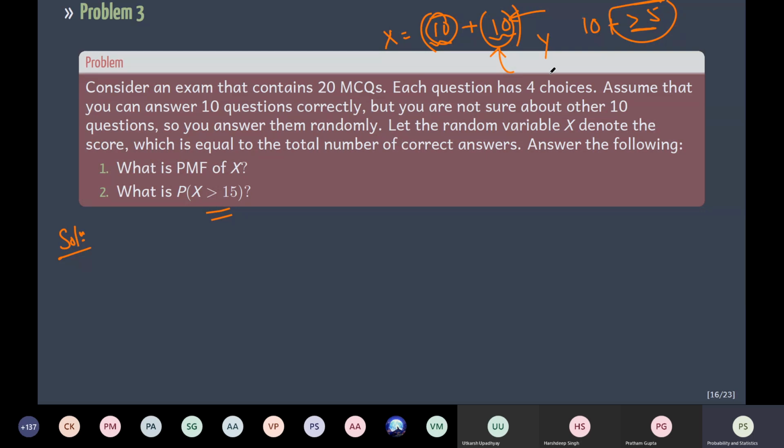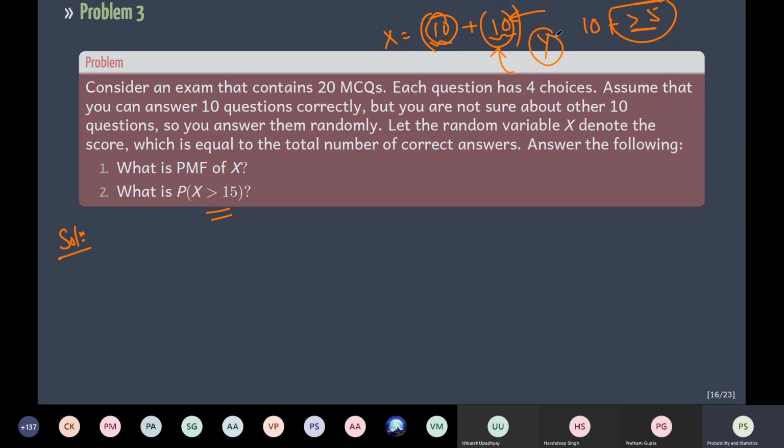For Y, I'm expecting that it may behave like some random variable that I may be familiar with.